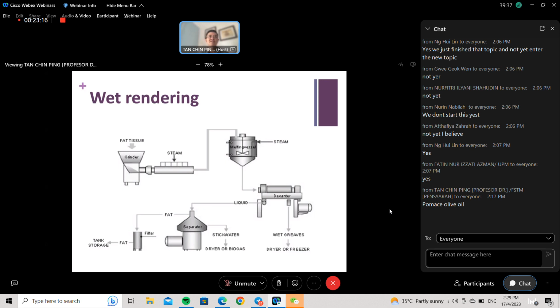Your liquid will consist of combinations of perhaps water and oil or the fat from animal, and the water may also dissolve some protein as well. And then the decanter is a horizontal centrifuge.